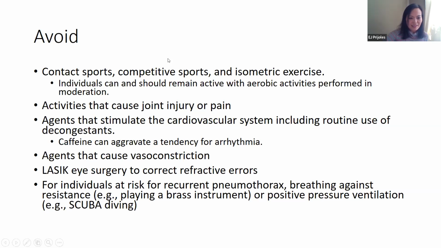There are certain medications and caffeine that are often suggested to be avoided. Individuals are suggested to avoid LASIK, and then certain activities that may increase the risk for pneumothorax.